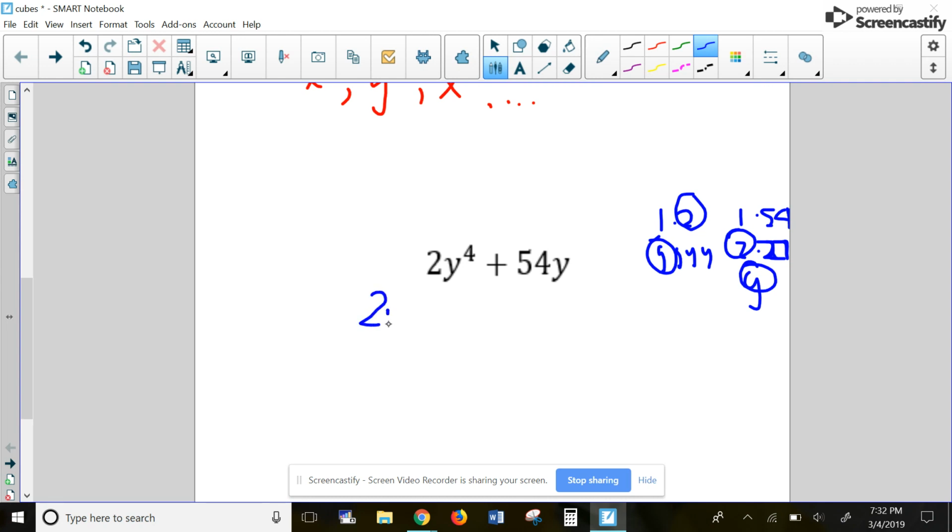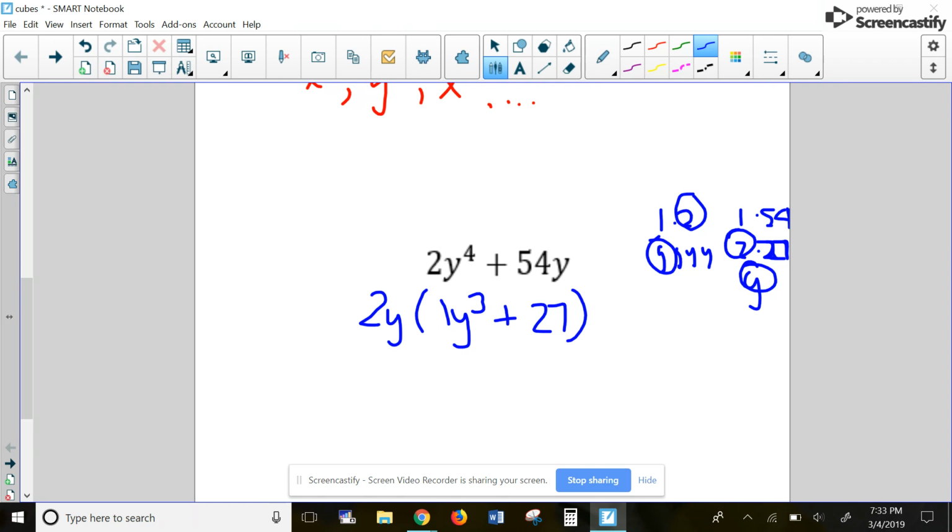So put 2y outside, dividing 2y out of everybody. If I divide 2y out of the first term, I'm left with just 1y to the third. If I divide 2y out of the second term, I'm just left with 27. So now I do have a binomial, so I have to see if this is the sum or the difference of 2 perfect cubes.